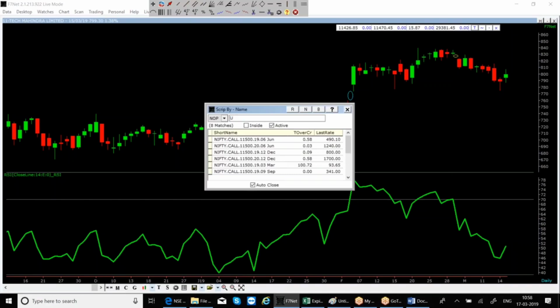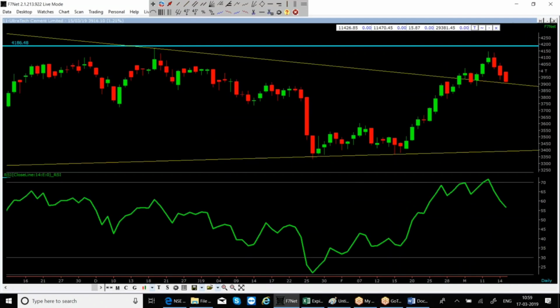Let's say we'll take cash prices because I use cash price to understand the movement, because futures are discounted or whatever, sometimes premium, sometimes discount.